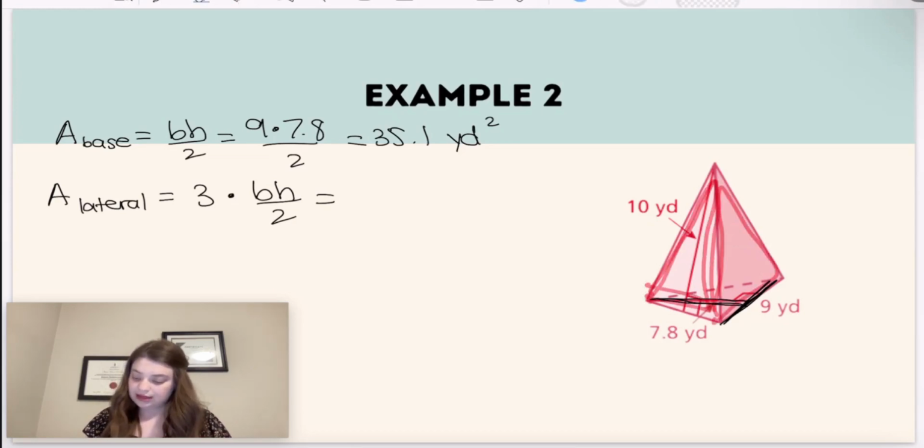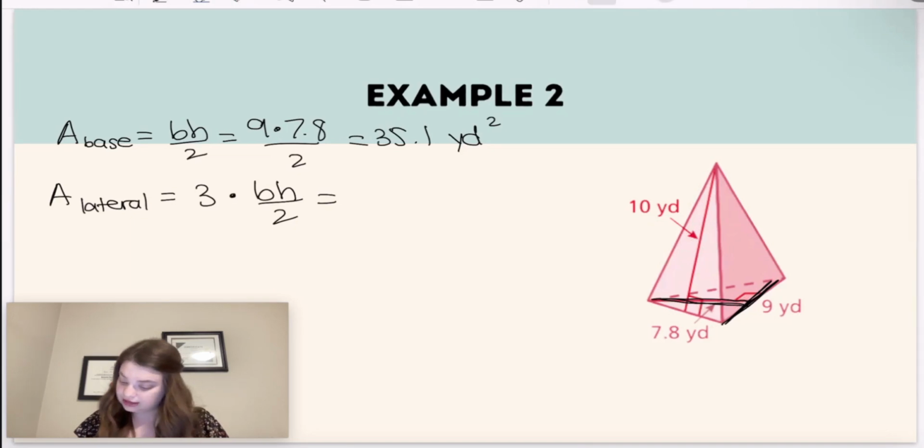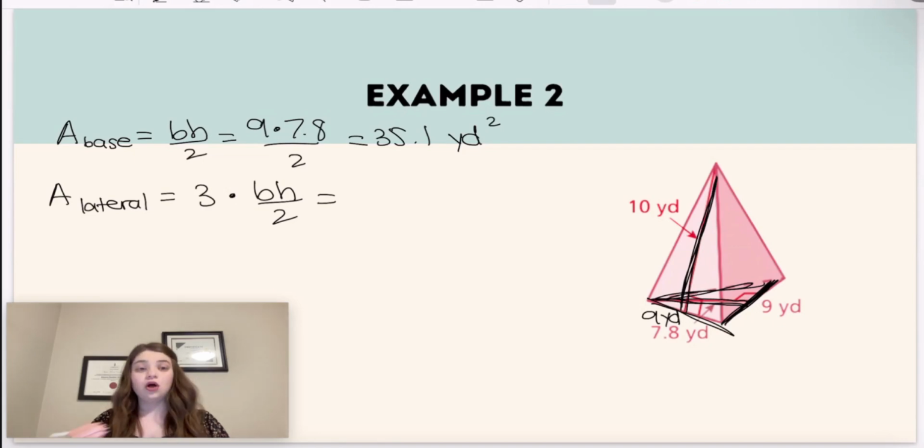So what are the base and the height here? Well, the base all the way around this triangle is 9, so therefore base is 9 yards. And then the height is 10 yards, the height of this lateral face specifically, and therefore of all lateral faces in this pyramid.